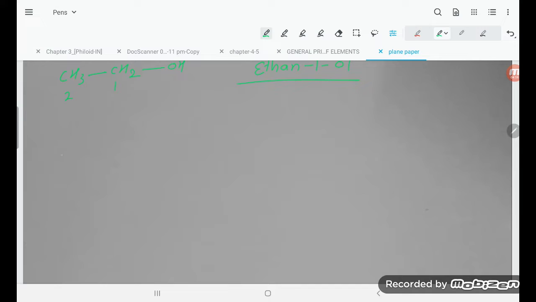Now the next one. I am writing the compound here, and the OH group is there. Now you need to do the numbering. To do the numbering, you have to give the least number to this group, so you have to start from the right side: 1, 2, 3, 4, 5, 6 and 7.